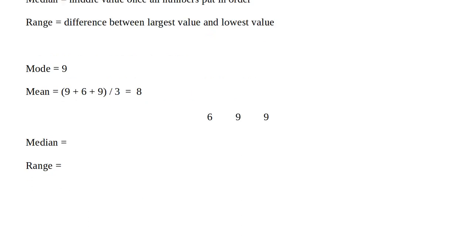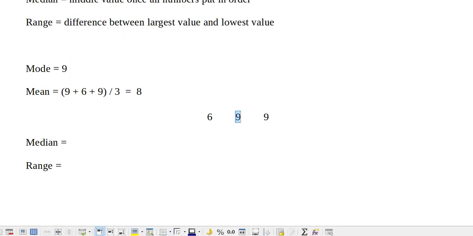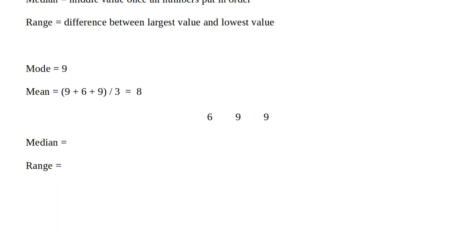So now we have them 6, 9, and 9, and you can see that the middle value, the 9 in the middle, is my median, so therefore I'm going to write that as 9. And then the range, finally, well, the range is the difference between the largest and the lowest value. So there you can see I've written 9, take away 6, gives me a range of 3.